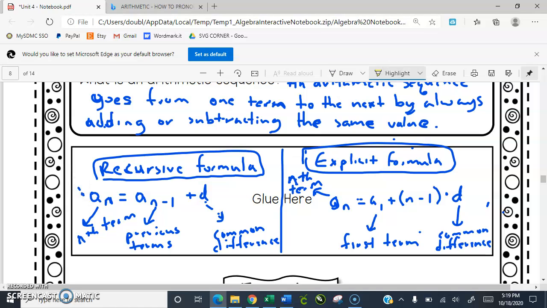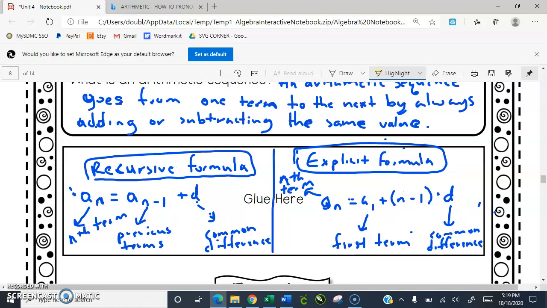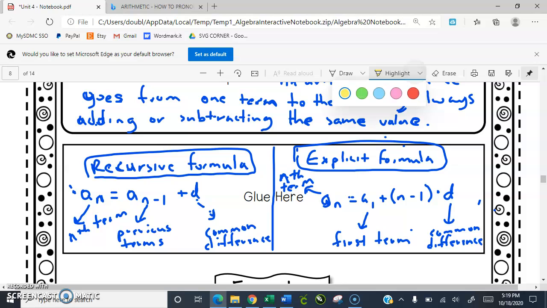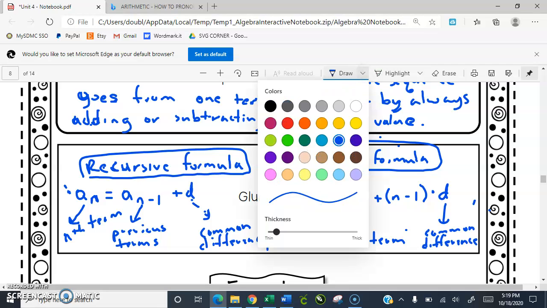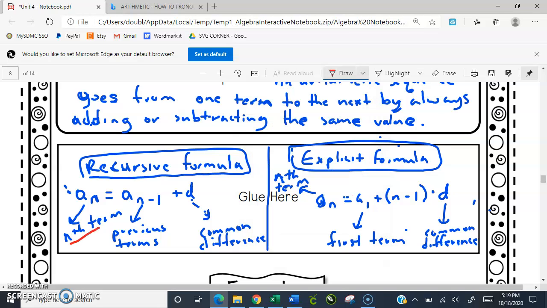Let me get my highlighter up. It won't let me highlight, so I'll go back to the drawing and change the color of my pen. A sub n is the nth term, the one we're looking for.